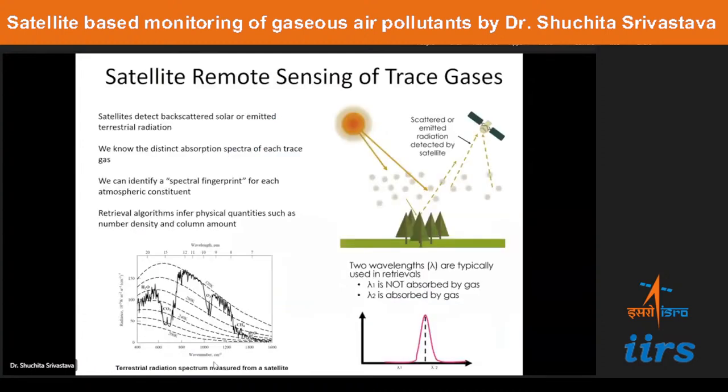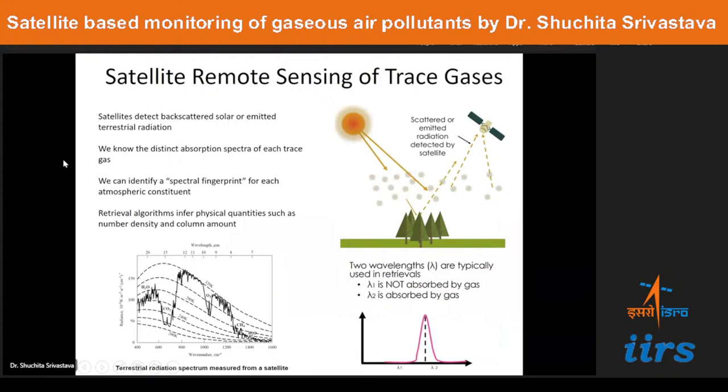Satellite remote sensing of trace gases again depends on the absorption by the gases present in our atmosphere. Two types of radiation are received by the satellite. One is reflected solar radiation and the second is emitted terrestrial radiation. Reflected solar radiation is the solar energy which is reflected from the surface of the earth, and emitted radiation is from the surface of the earth as well as from different layers of the atmosphere.